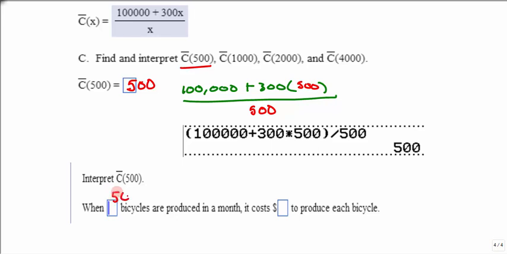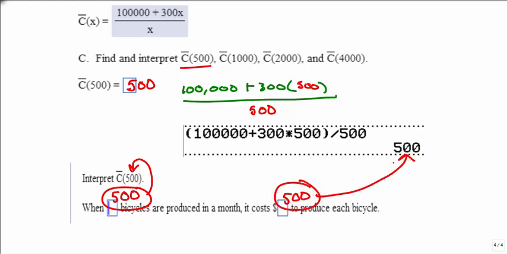So this value of 500 was given as the input value. It costs $500 on average to produce each bicycle. This value comes from what I get out when I calculate or plug in those values. This isn't the best example because the input and the output happen to be the same for this case, but just remember the number of bicycles is my input, the output is the cost.